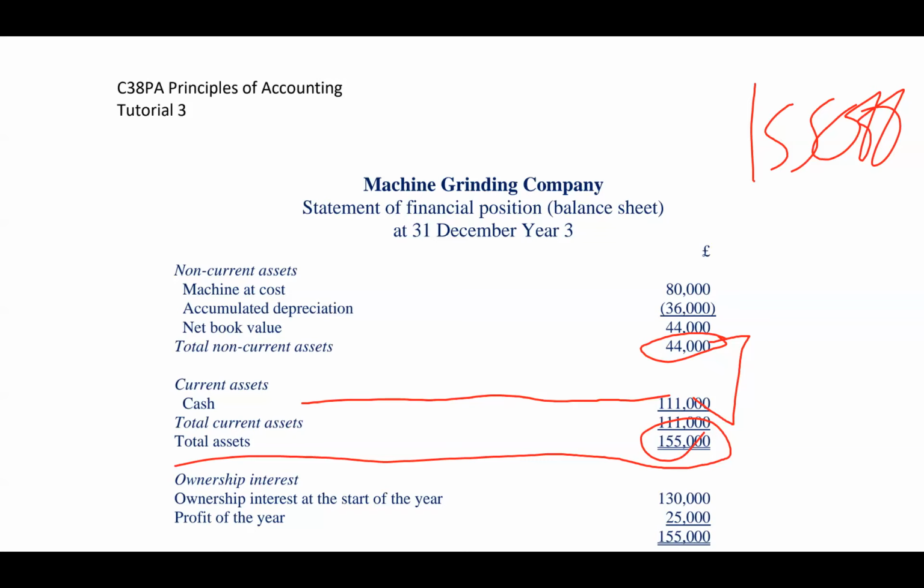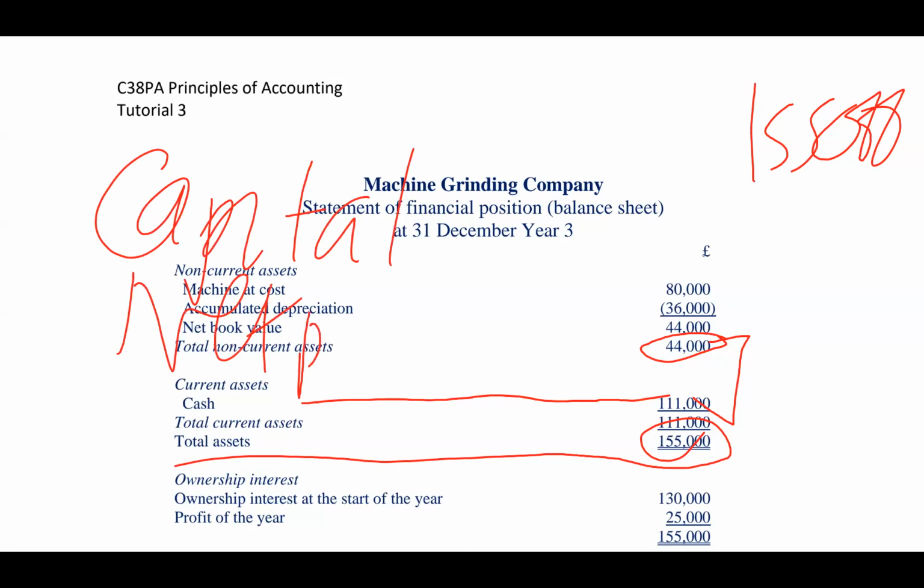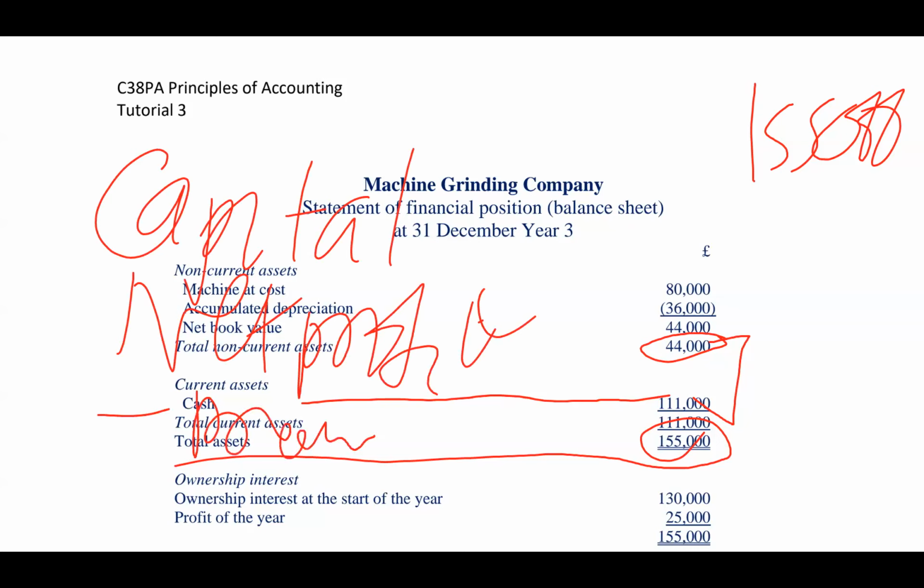The message that they are teaching here is that owner's interest is found by saying capital plus what? Plus net profit. You remember, minus drawings. Do you remember that one? Yes, exactly. Now we don't have any drawings, so that's why it is like this.